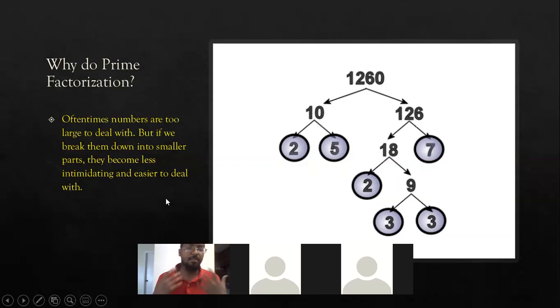The reason is because, let's say I have a really huge number like 1,260, and I want to do something with it. 1,260 is a really big number. I don't want to do stuff with 1,260. The number's too big. Even I don't want to deal with a number like that, and I do this for a living. But I can take 1,260 and break it into smaller parts. And that'll make it easier to deal with in the long run.